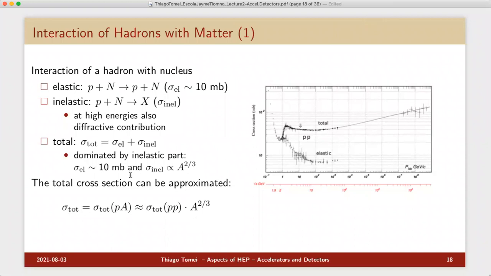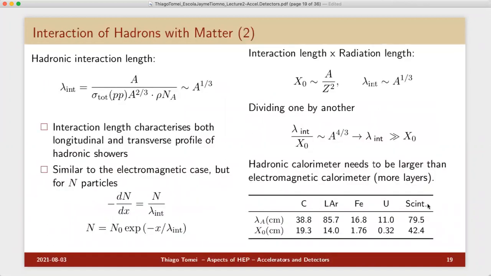So if you run these numbers, the total cross-section of a proton with a nucleus is something like the total cross-section of a proton with a proton times this factor here. And then what kind of interaction is that? First, it's something here in slide number 19. But before this, let me tell you that it's something like a hard sphere interaction.